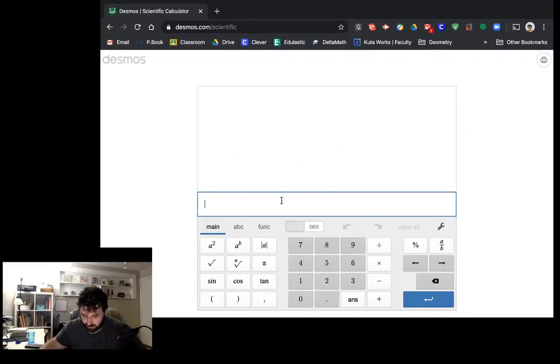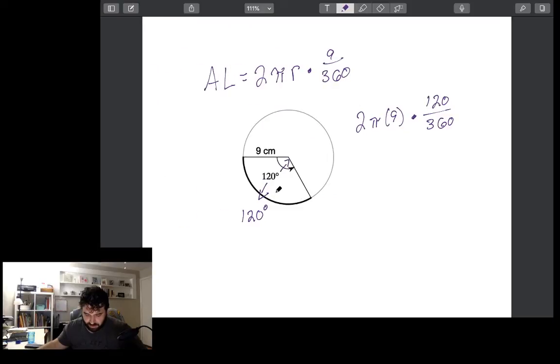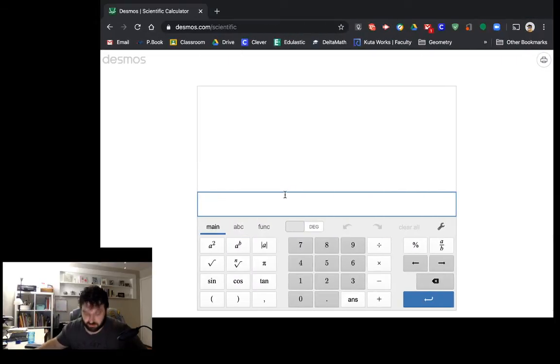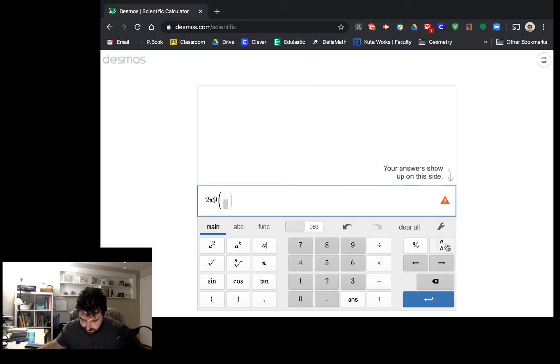You go in the Desmos and you just use what we just had. 2 times pi times 9 times our fraction, 120 over 360. And you get 18.84, which pretty much makes sense if you think about it in terms of reducing ideas down.